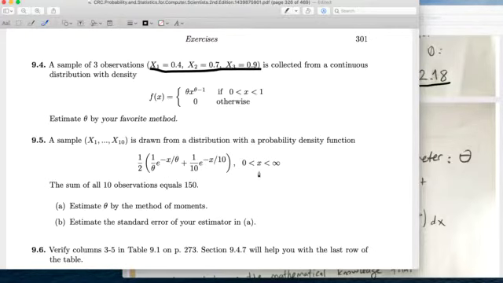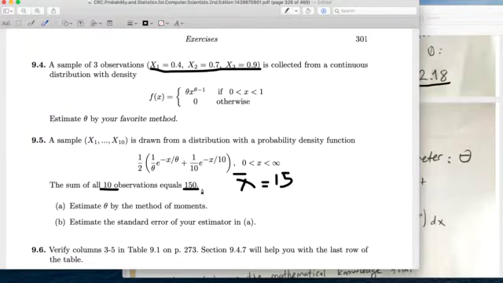X is from 0 to infinity this time, and this is the probability density function. And what we're given is that the sum of all these 10 observations is given to us. In other words, x bar here is just 15. All right, 150 divided by 10, that's my x bar.